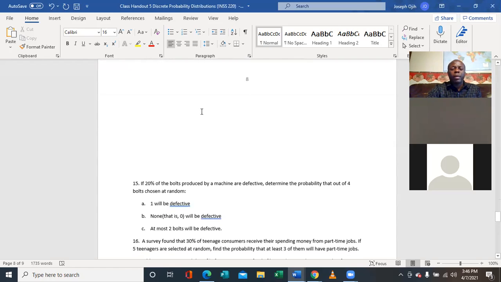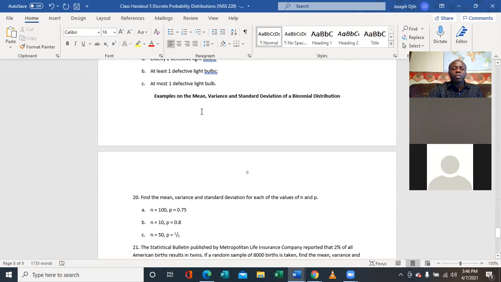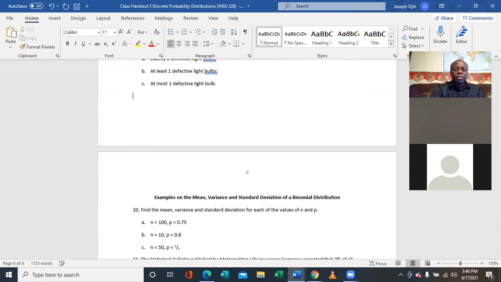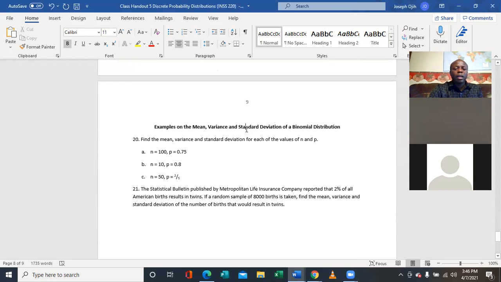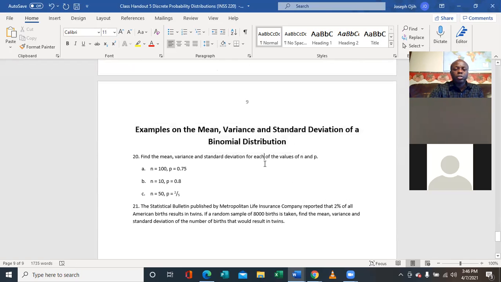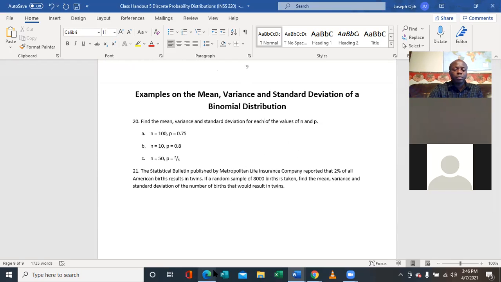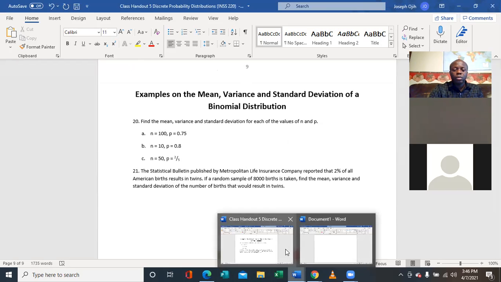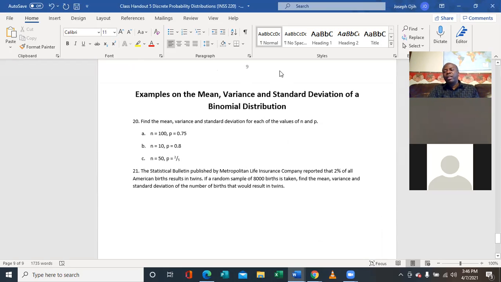Let's round up by discussing the mean, variance, and standard deviation of a binomial distribution. I'm going to write the formula down, and then we use an example from the book.